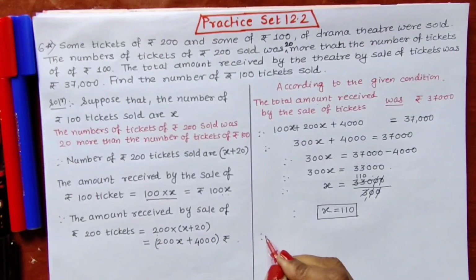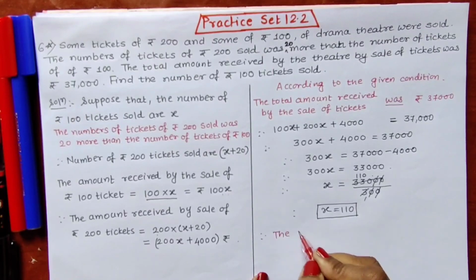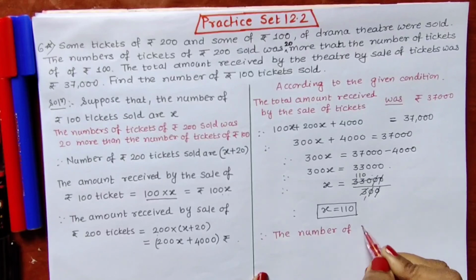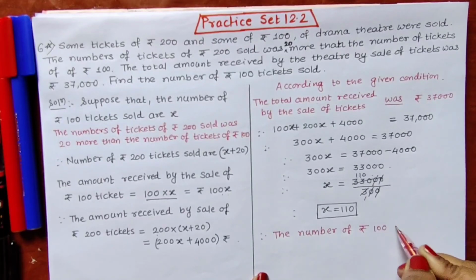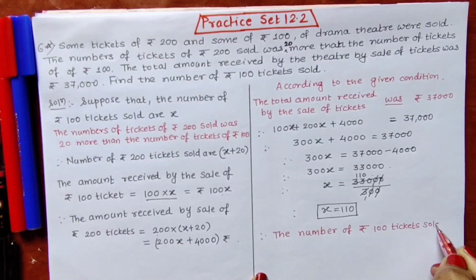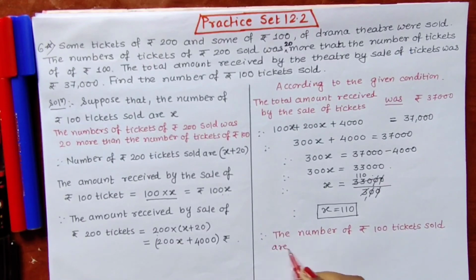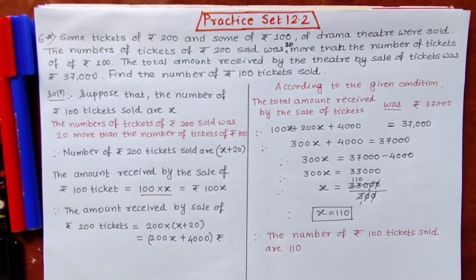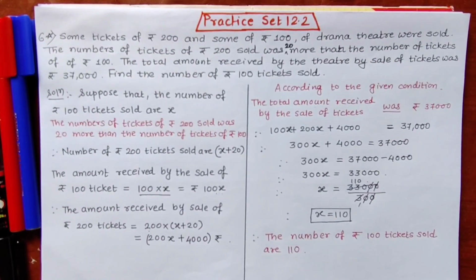Therefore the number of rupees 100 tickets sold are 110.